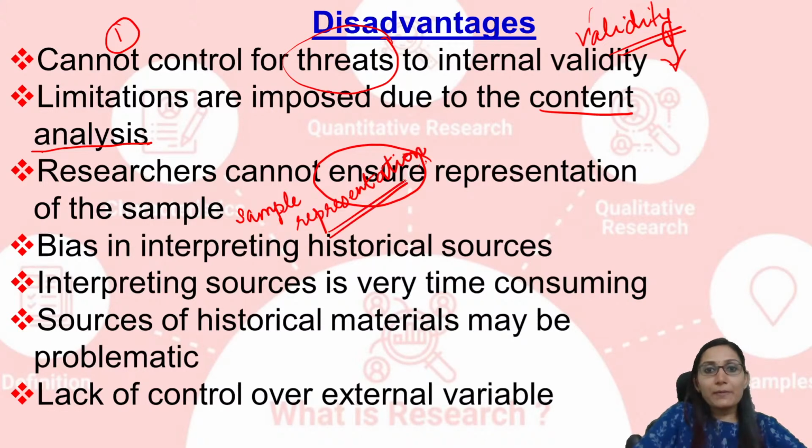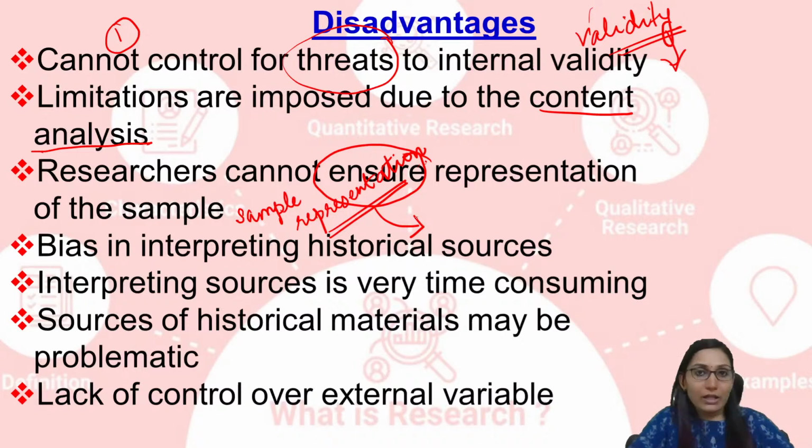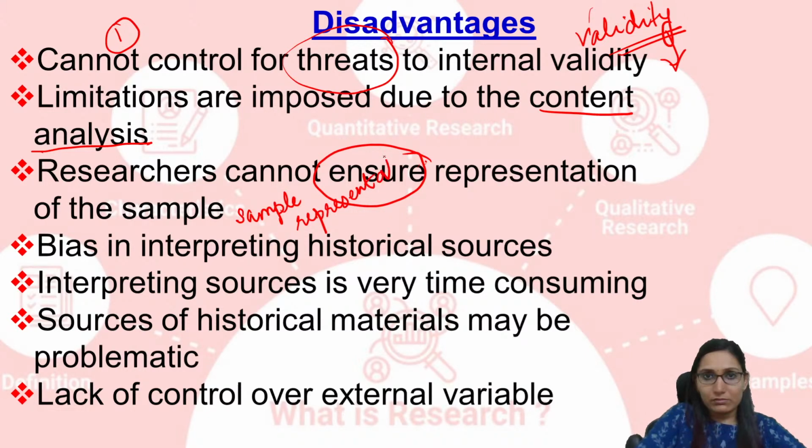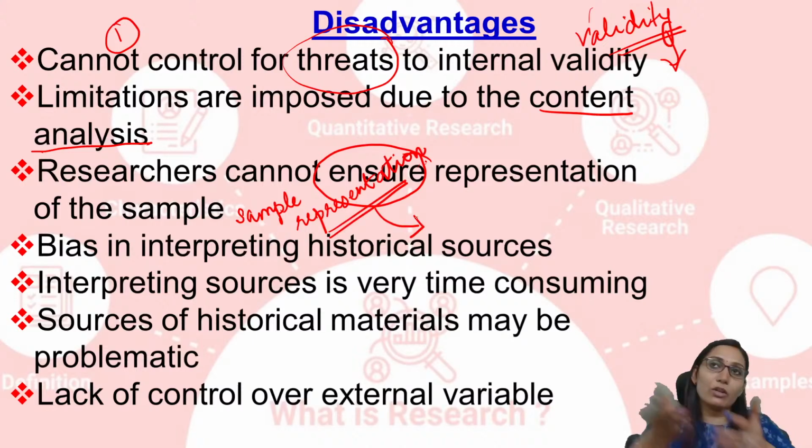Sample representation means that, suppose you cannot go and question or interview or give the questionnaire to each and everyone, so for that you will have a sample. The sample has to be collected in an unbiased manner.